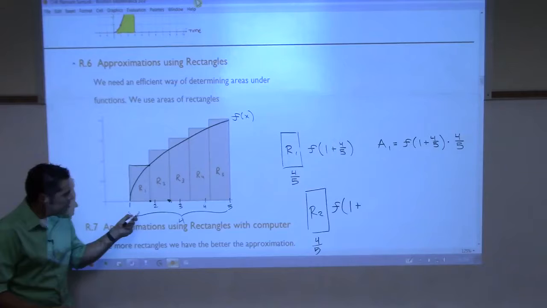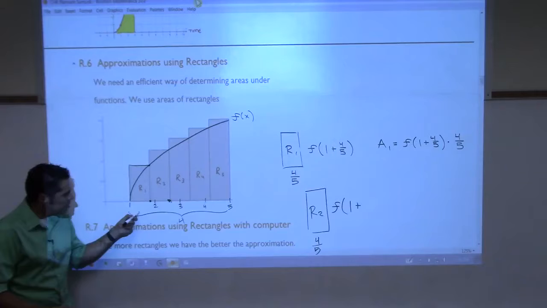Normally those are just numbers, like maybe 1 and 5, or 0 and 10. These numbers are known as the lower limit of integration, and the top one is called the upper limit of integration.